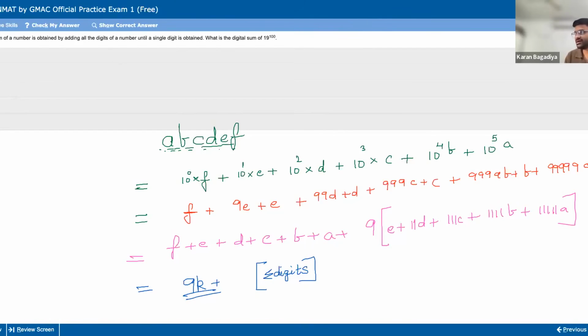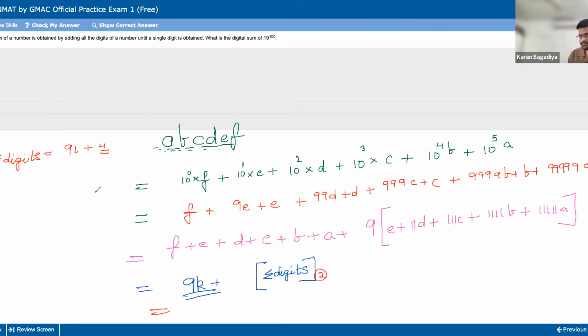Wouldn't you immediately agree that, let's say it's not divisible by 9, but let's say this leaves a remainder of 2, then if the summation of digits leaves a remainder of 2, wouldn't the overall number as well leave a remainder of 2? So what am I saying? Let's say when you total up the digits and it comes out to be of the form 9L plus 4. So the summation of digits leaves a remainder of 4.